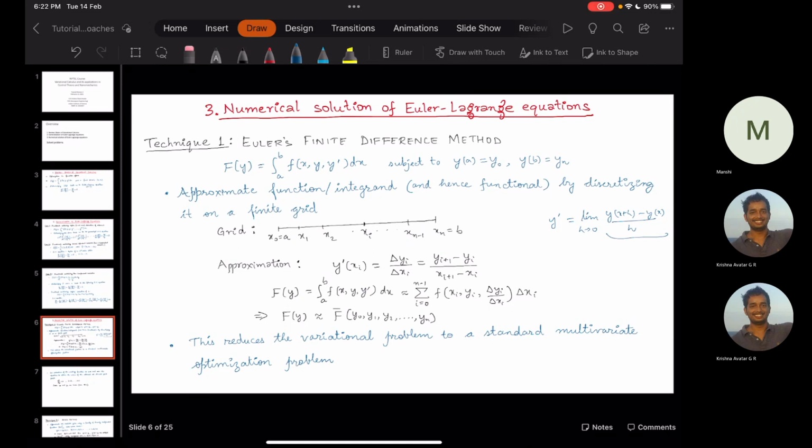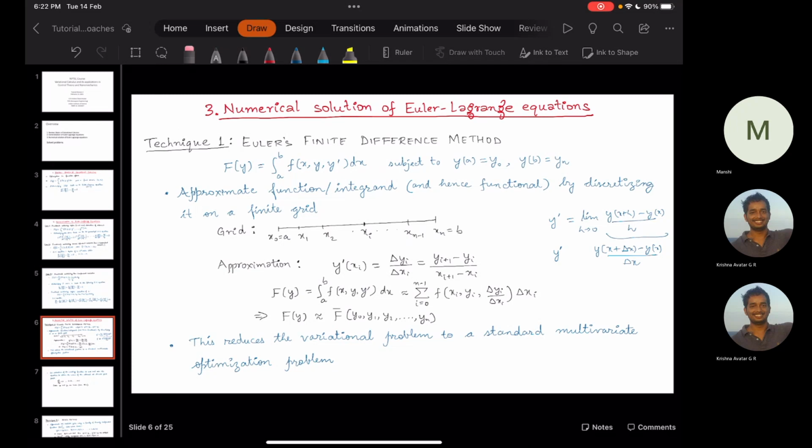I just want h to be a small quantity, small but not infinitesimal. So I will replace this with something like y of x plus delta x minus y of x, divided by delta x. Now this delta x I'm just going to take to be some small quantity. Mind you, in this way we are expressing our derivative of y, but this is no longer exact, just approximate.